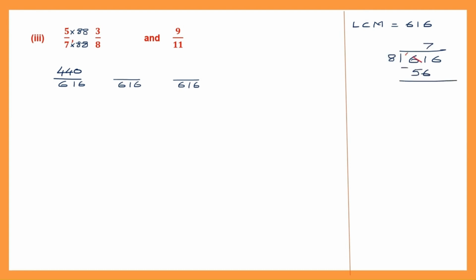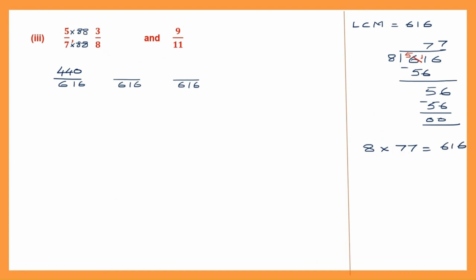So here this becomes 5 and this is 11. 11 minus 6 is 5. Bring down the next number, it's 56. 8 sevens are 56. So this means 8 into 77 is equal to 616.